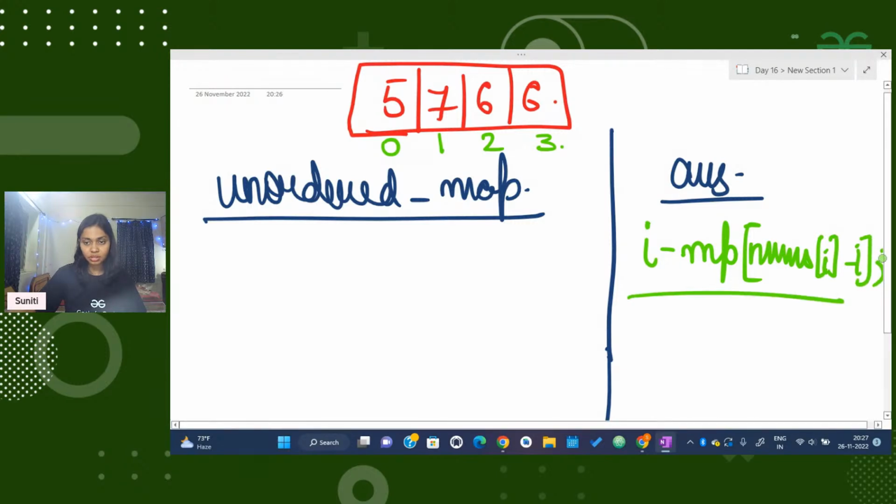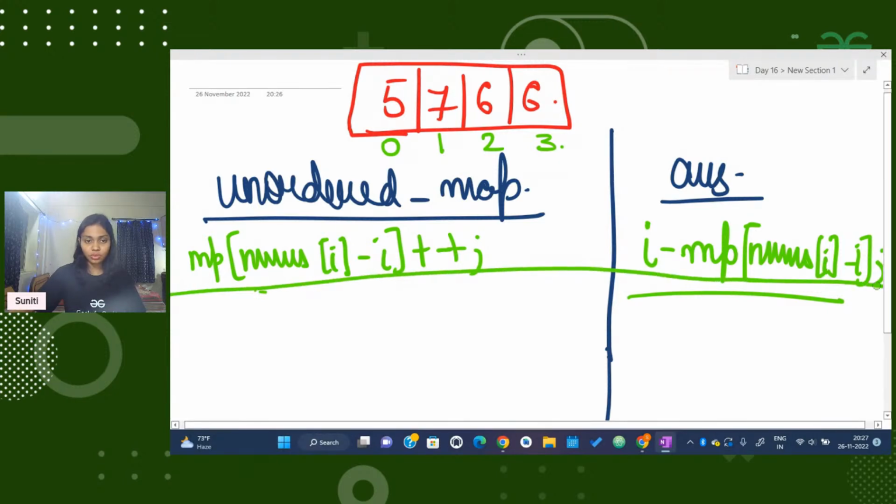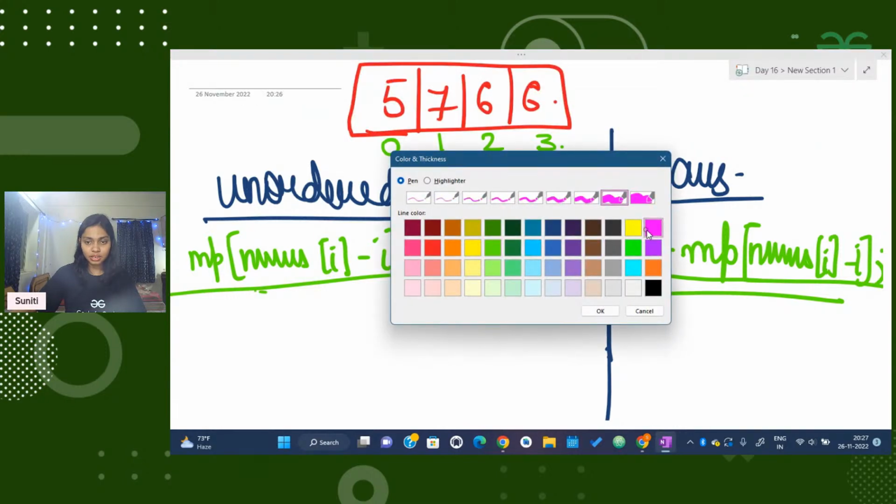Then at every point we will update our map at nums[i] minus i, plus plus. So this is the thing that we are going to do. Now let us see what values we will get after doing this.